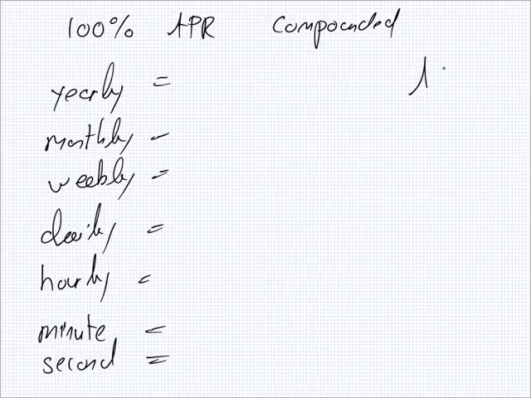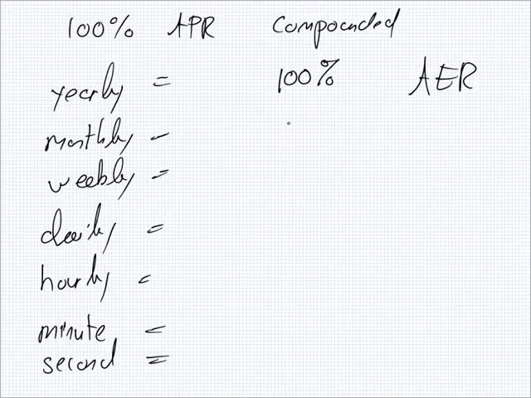So the first one is easy. 100% APR compounded once a year. What's that AER? 100, yeah. Yeah, 100% AER. Next one. What's the next one?